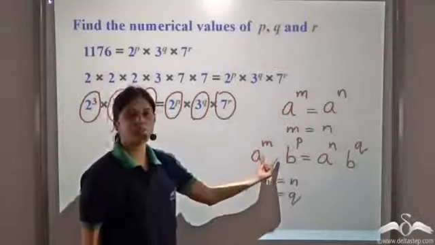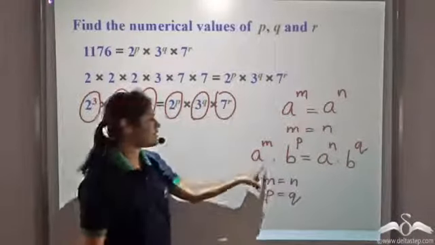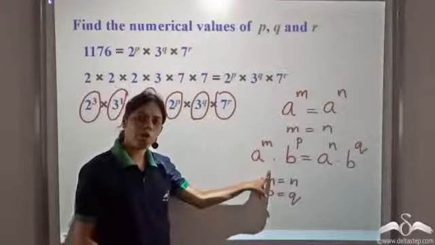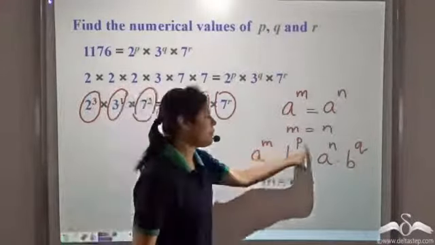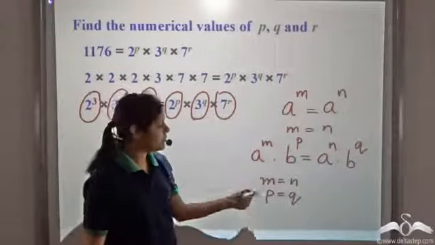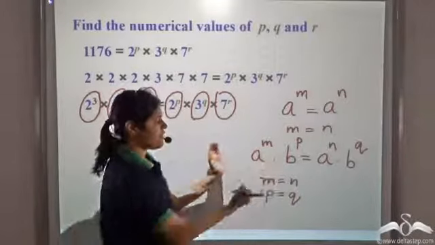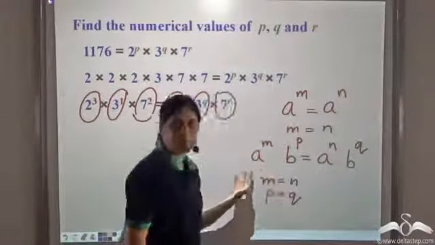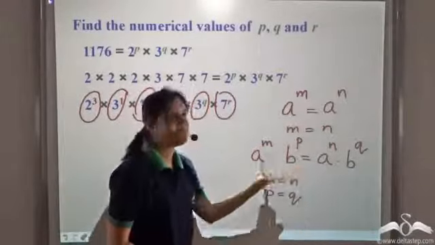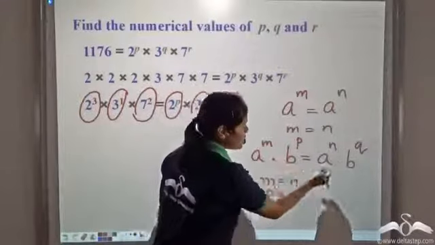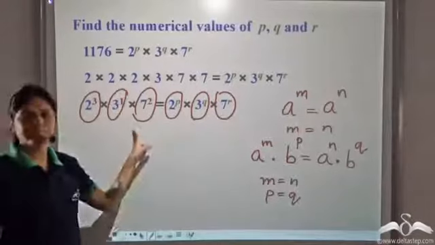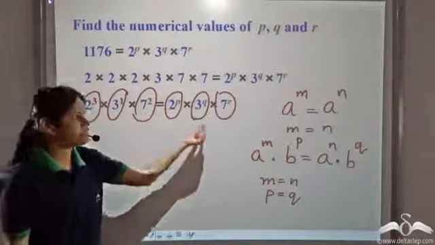And of course the conditions must be satisfied, that is a and b should not be equal to 1, 0 or negative 1. M, p, n and q should not be equal to 0. So whenever we have two exponential numbers multiplied, we can equate the powers of the numbers with the same base, and this operation has to be multiplication, which is what we have here. So we can equate these.